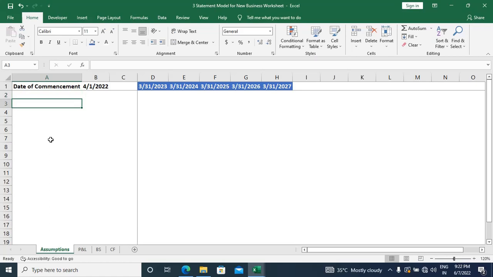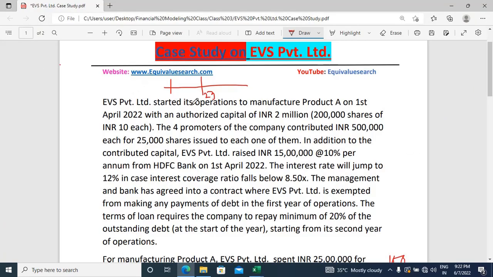So let's start now. EVS Private Limited started its operations to manufacture product A on 1st April 2022 with an authorized capital of 20 lakh, and the number of shares is 2 lakh, and the face value of these shares is going to be 10 rupees.